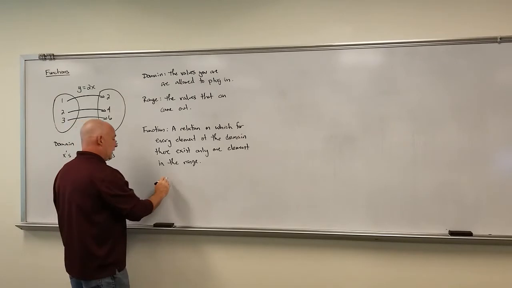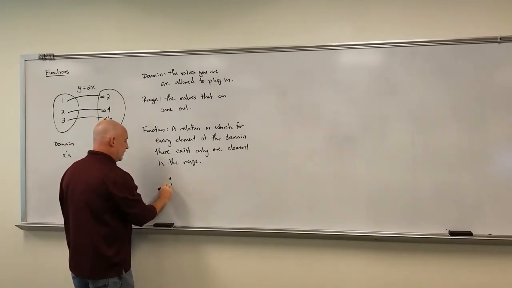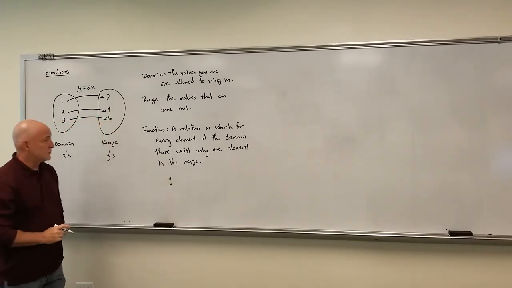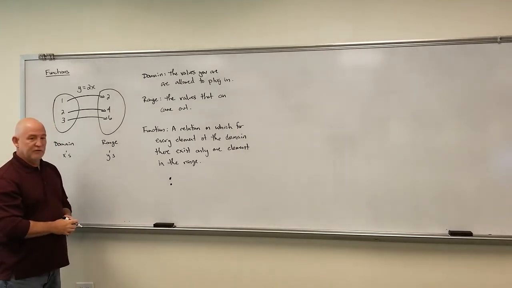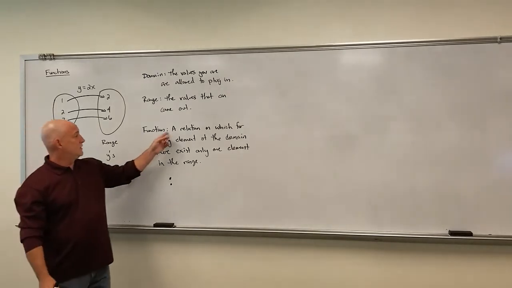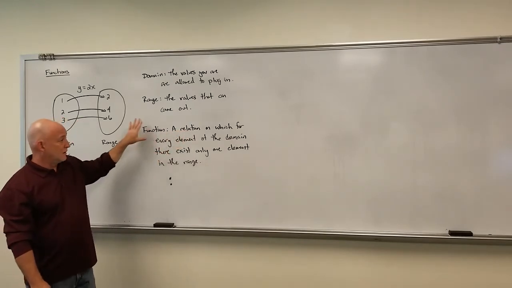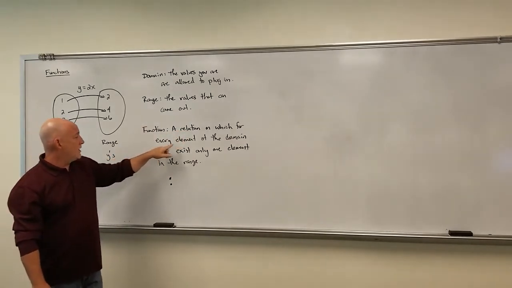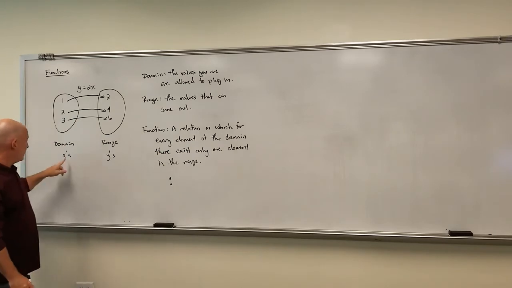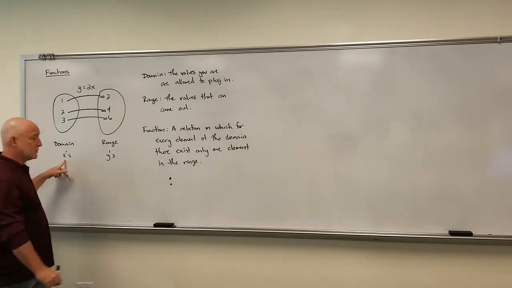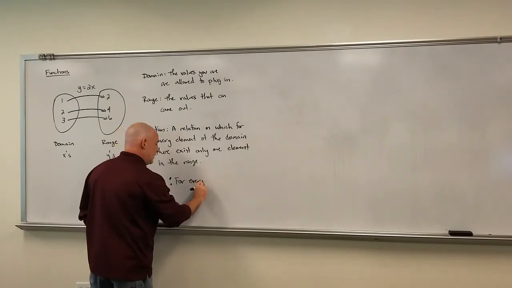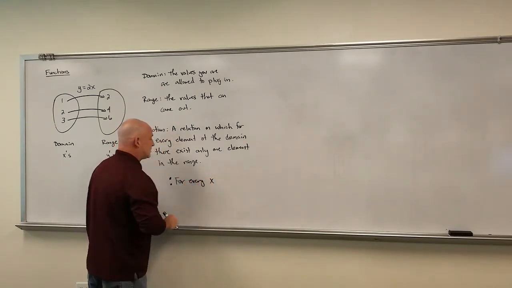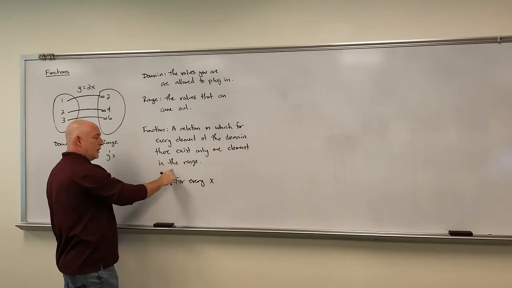Okay, a relationship in which for every element of the domain there exists only one element of the range. Now, I know you're sitting there going, well, gee, that really helped, thanks. Now I really understand a function. Well, let's see if we can ease up some of the language here. Since everything in math is basically a relation, I'm going to leave that part off. And we know the elements of the domain, generically speaking, we're going to call those x's. So I'm just going to say for every x, there exists only one element in the range.